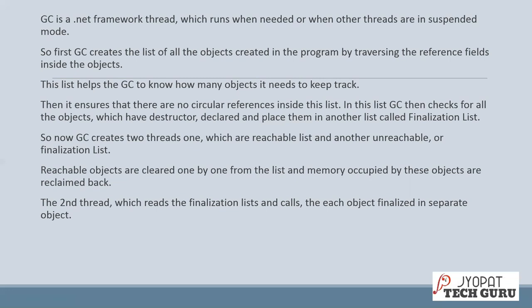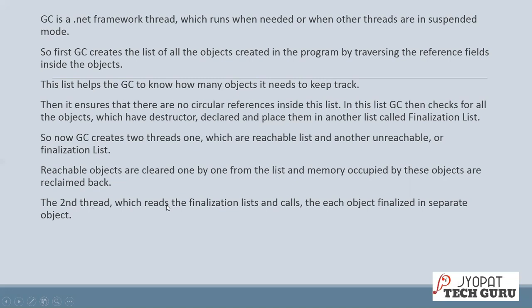Now the garbage collector creates two threads, one for the reachable list and another for the unreachable. Reachable objects are cleared one by one from the list and the memory occupied by these objects is reclaimed.